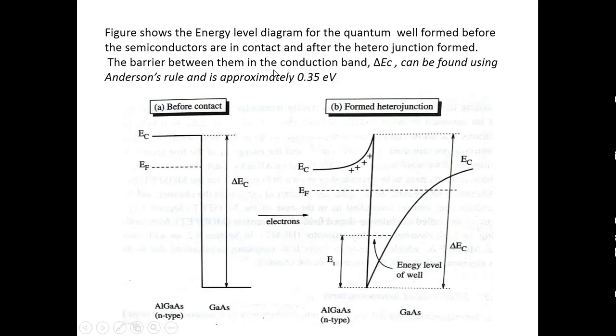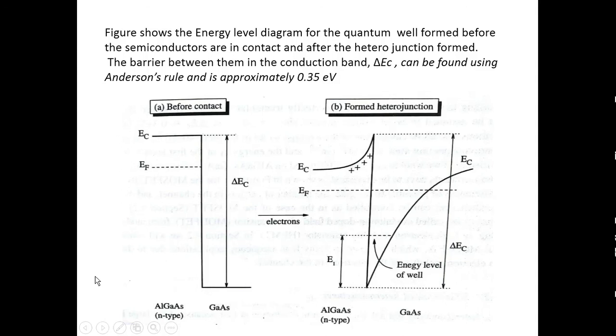The barrier between them in the conduction band, that is delta Ec, is now shown here. This is Ec, the conduction band for gallium arsenide, and this is the curve Ec for aluminum gallium arsenide.